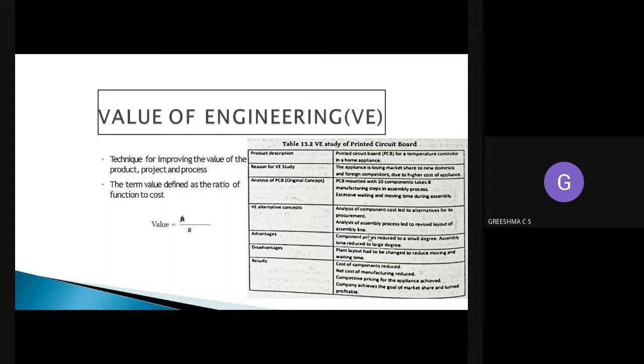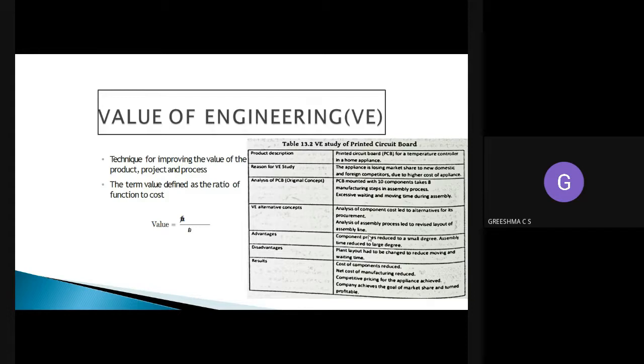This new PCB, its assembly time is very less, and also you have reduced the value of the product, because earlier it was affordable only for the higher class people because it was expensive. Now that you have reduced the PCB's value, it is affordable to middle class and lower class also. So you have reduced the component price of the product.